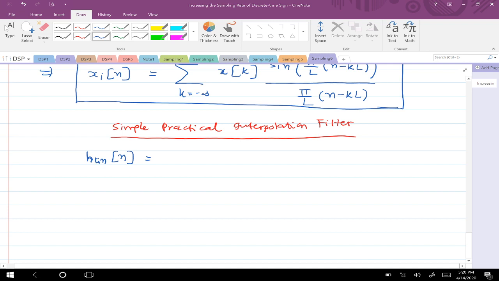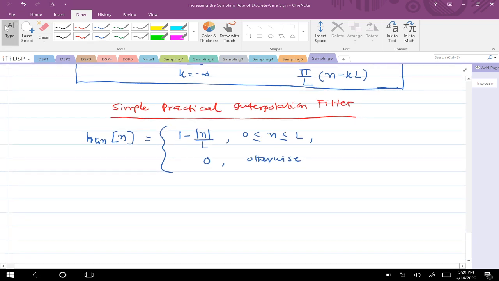It could be written as, looks somewhat complicated in the beginning, but once we make the analysis, it's a very simple filter. 1 minus absolute value of n by L, for 0 less than or equal to n less than or equal to L, and 0 otherwise.